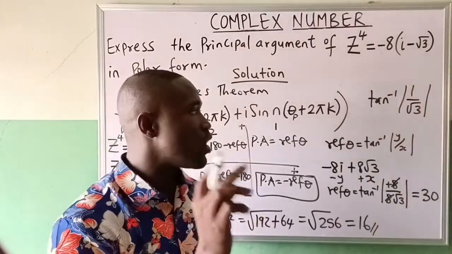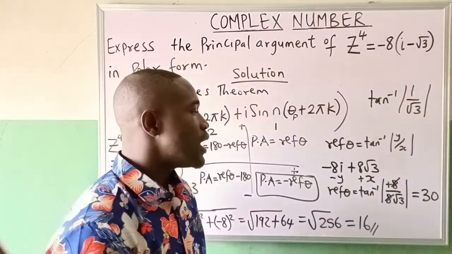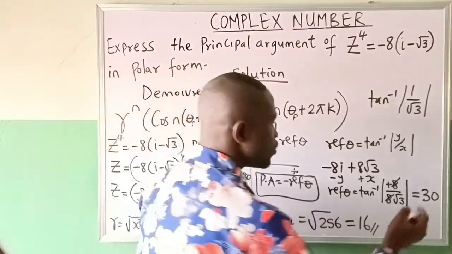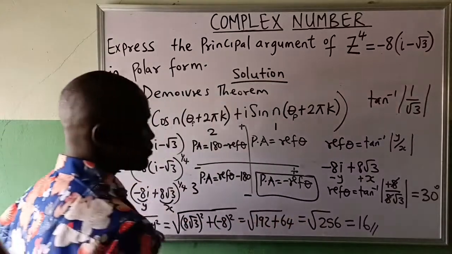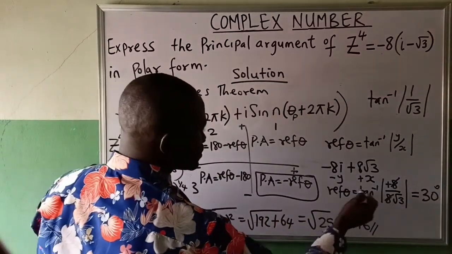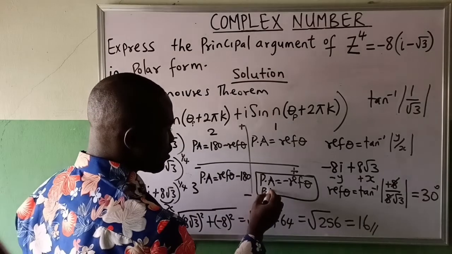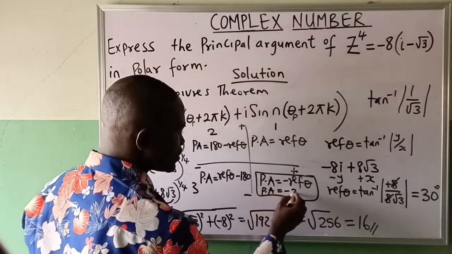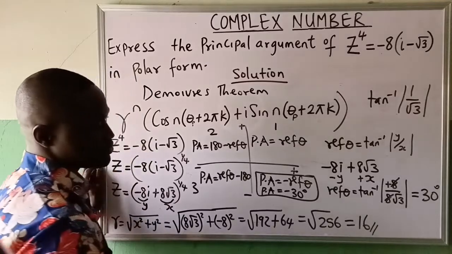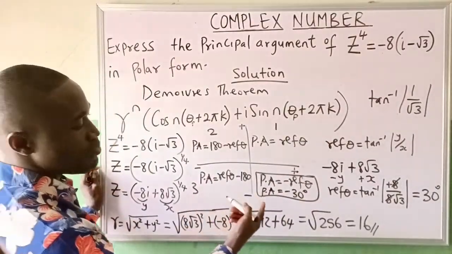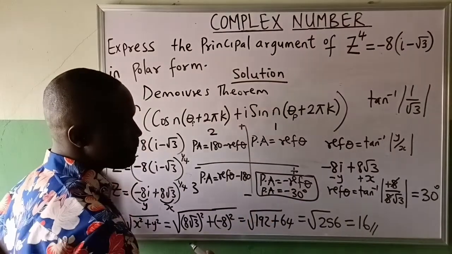Tan 30 will give you 1 over root 3, then tan inverse of 1 over root 3 will give you 30 degrees. That means ref theta is equal to 30 degrees. Therefore, PA will be equal to minus 30 degrees, that is minus ref theta. We have gotten our principal argument, which we denote as PA.